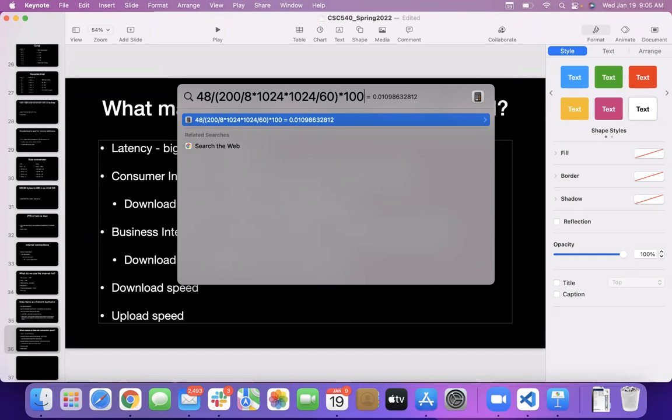If we extrapolate this out until we get to our 48, let's go down to 20 megabytes per second.